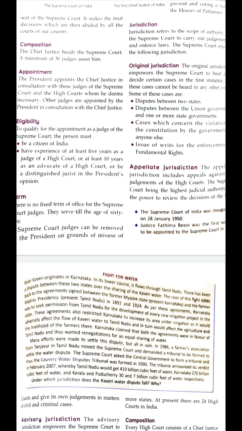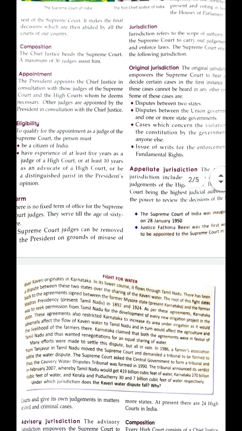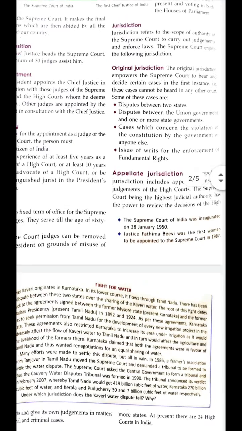Now, when we talk about original jurisdiction, it means that an original case can be brought directly or straight to the Supreme Court. Clear? That is, it's not important that the case was first discussed in the High Court or in the subordinate court. It can be brought directly to the Supreme Court, and it is also known as the first case.